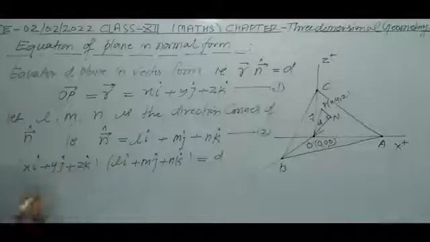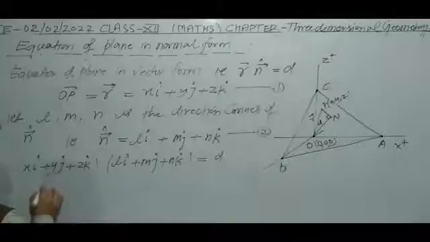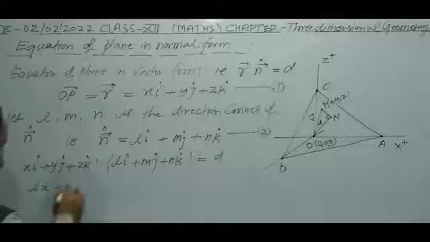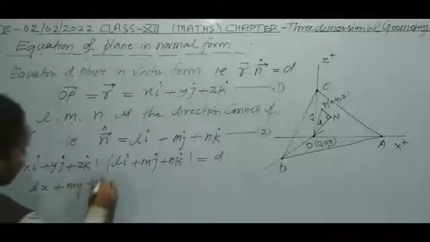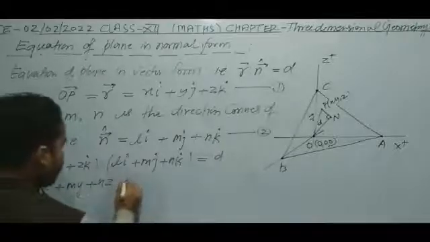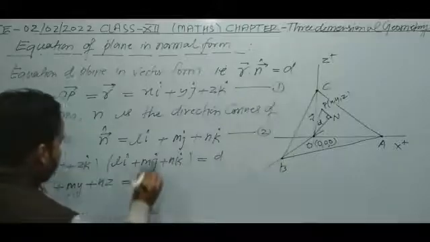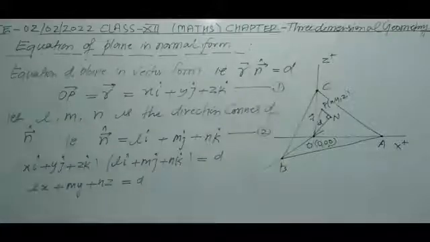And when you multiply, so what you will get the result? This result we can write lx plus my plus nz is equal to d. So this is the Cartesian equation of plane in normal form.